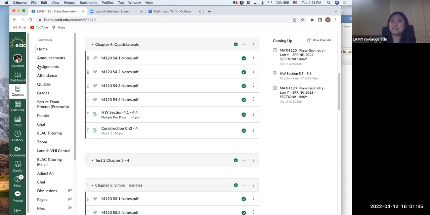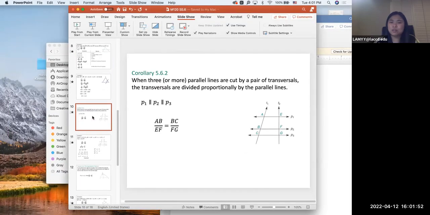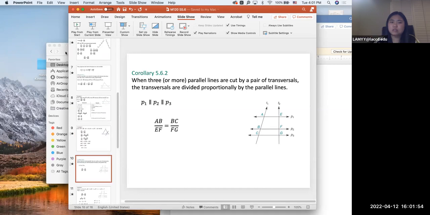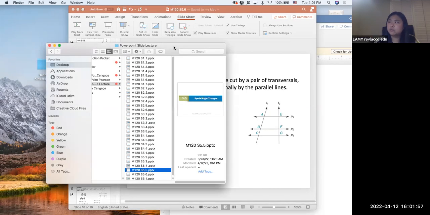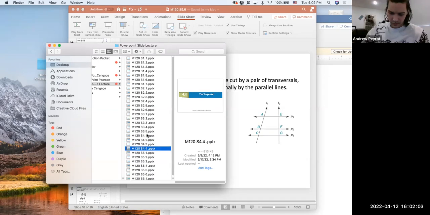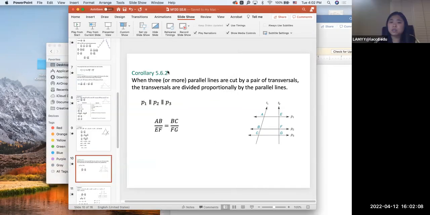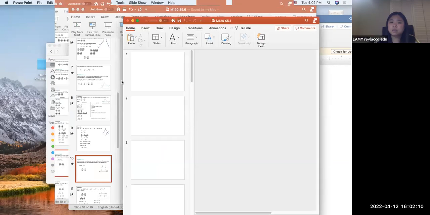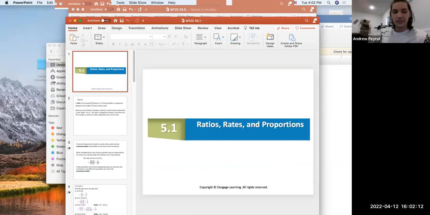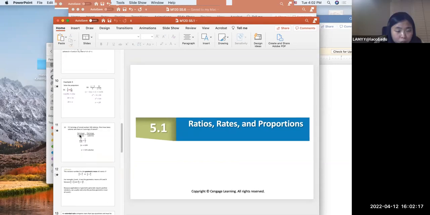I don't remember the name, but I think we covered it in the ratio chapter. Yes, section 5.1. Let me see. I can find the name. I remember it should be from this section.